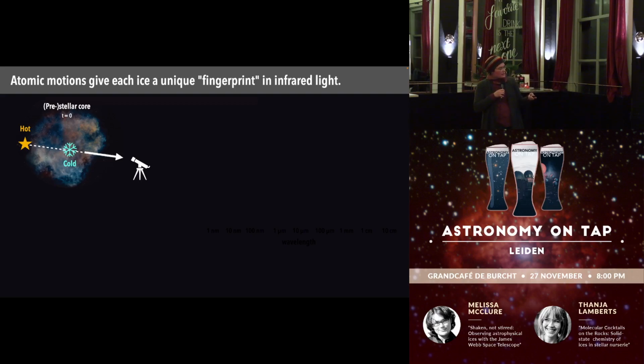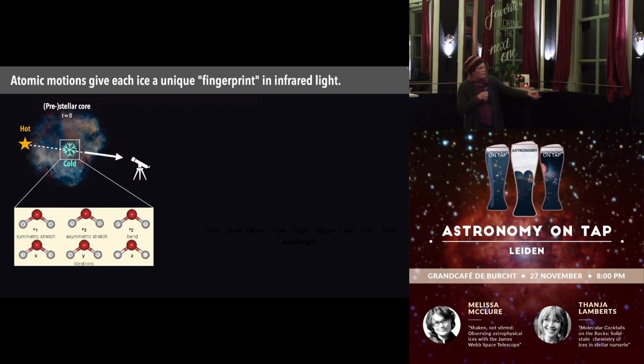The ices in the cloud provide a cold foreground screen that absorbs this background light. Within the molecule, the different atoms have different characteristic motions. In this particular case, you can see we have a water molecule, with the oxygen and the two hydrogens stretching away from the oxygen.